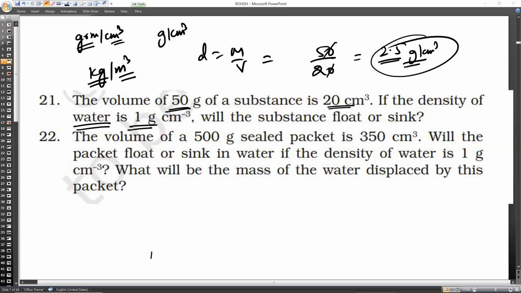Yes, sir. What's the answer? The packet will sink.